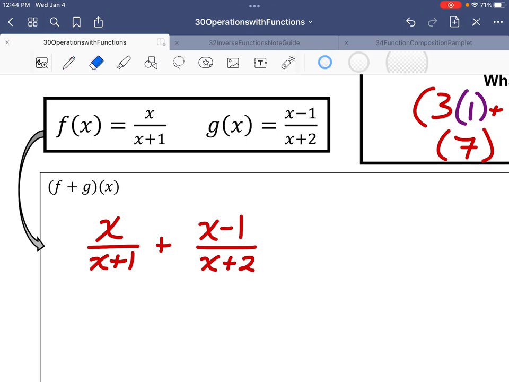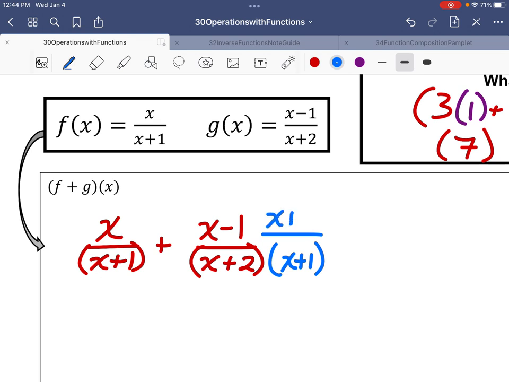Fun times, adding fractions. Yes, you need a common denominator. Now, the common denominator means that both fractions have to have the same denominators. And right now they don't. But they will if I multiply by what is missing from each denominator.